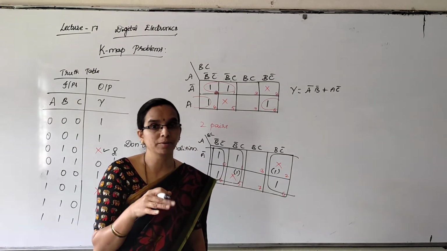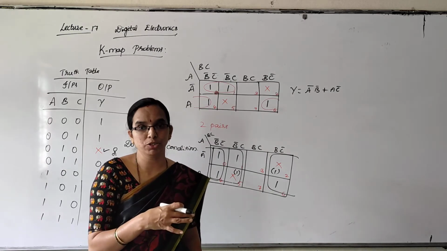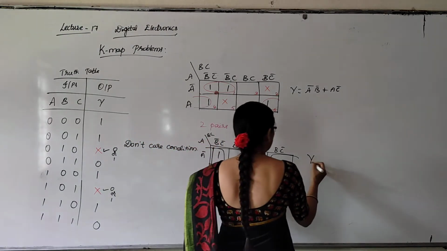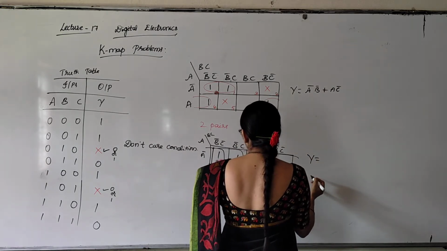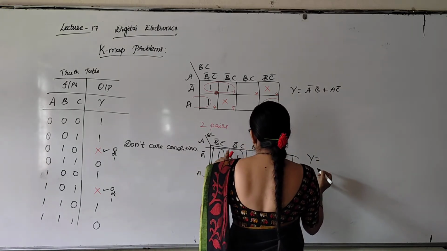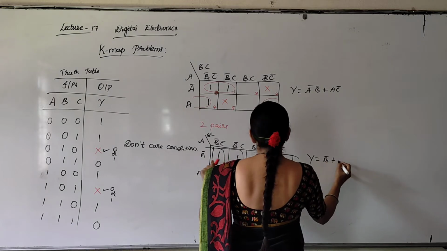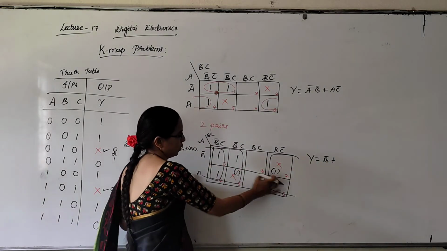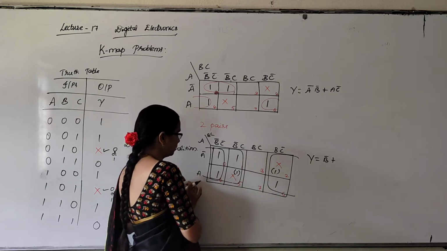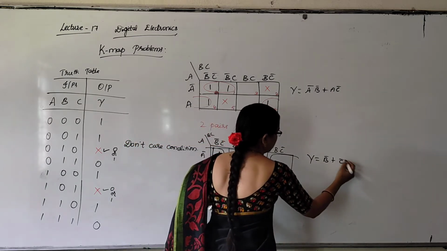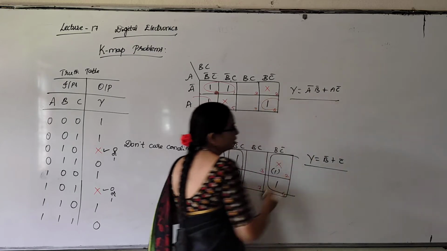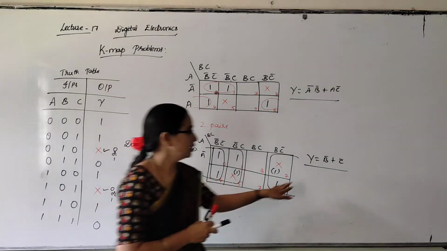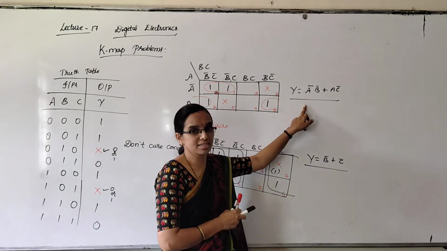For my grouping, to simplify the Boolean expression, I will consider this as 1. So here the Boolean expression will be, for this quad it is B bar plus, and for this quad I will get C bar. So which is simplified more. This is a simpler expression than this.